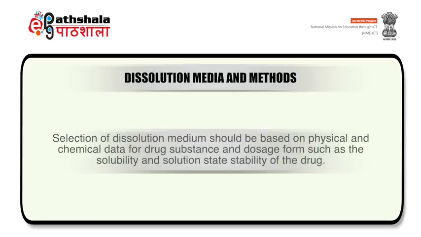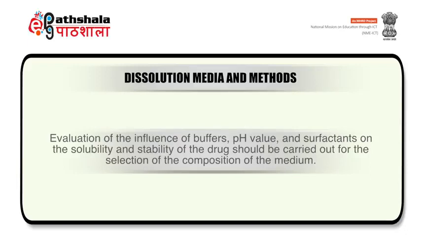Now, the selection of dissolution medium should be based on physical and chemical data for drug substance and dosage form, such as solubility and solution state stability of the drug. Evaluation of the influence of buffers, pH value and surfactants on the solubility and stability of the drug should be carried out for the selection of the composition of the medium.